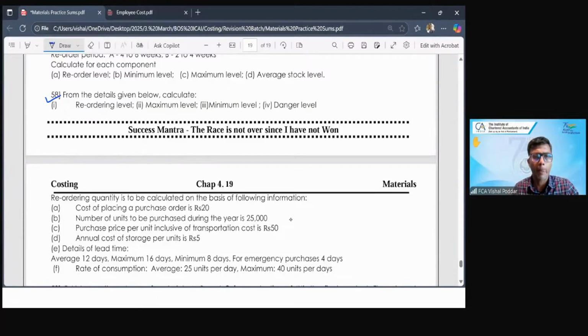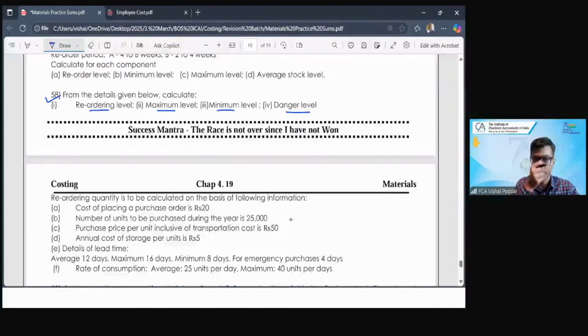Now in stock level, the data that will be required will be your per day or per week consumption. Second, the data that would be required is your lead time. Now, from these two, you will be calculating different stock levels, which is reorder, maximum, minimum, if required, average, and at times they will also ask you to compute danger.